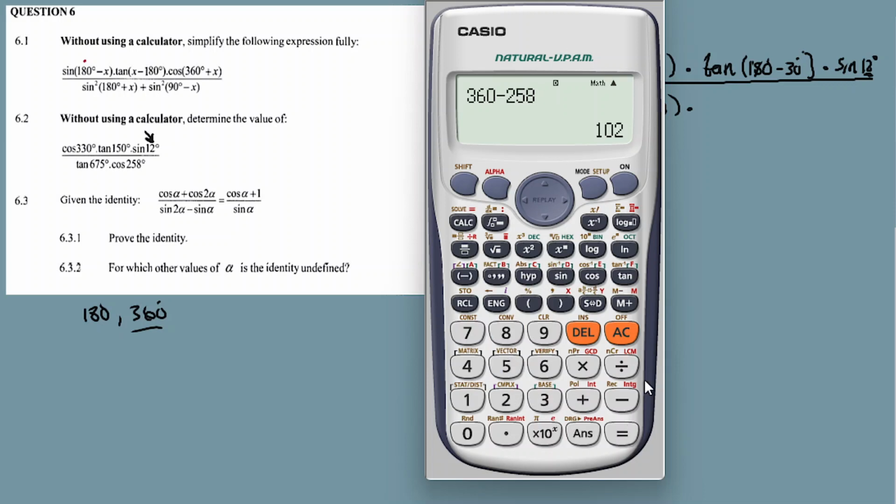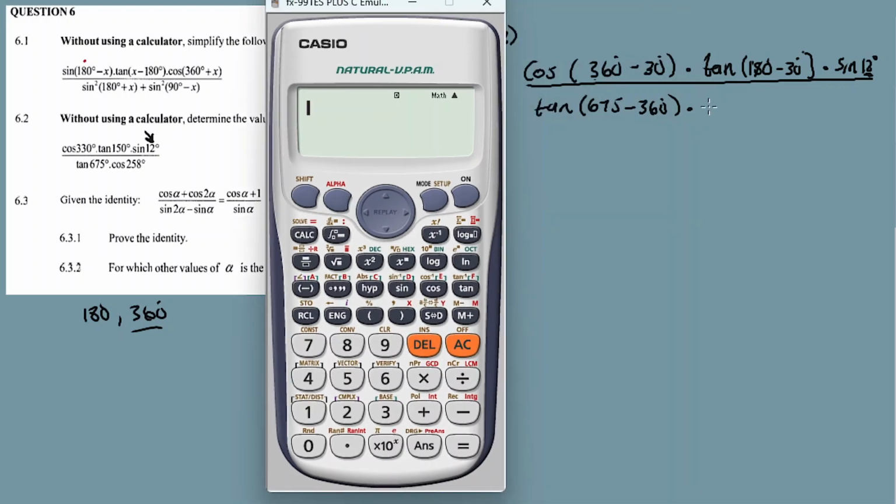What about 180? Oh yeah, 258 is closer to 180. So here, this one. Okay. 258.